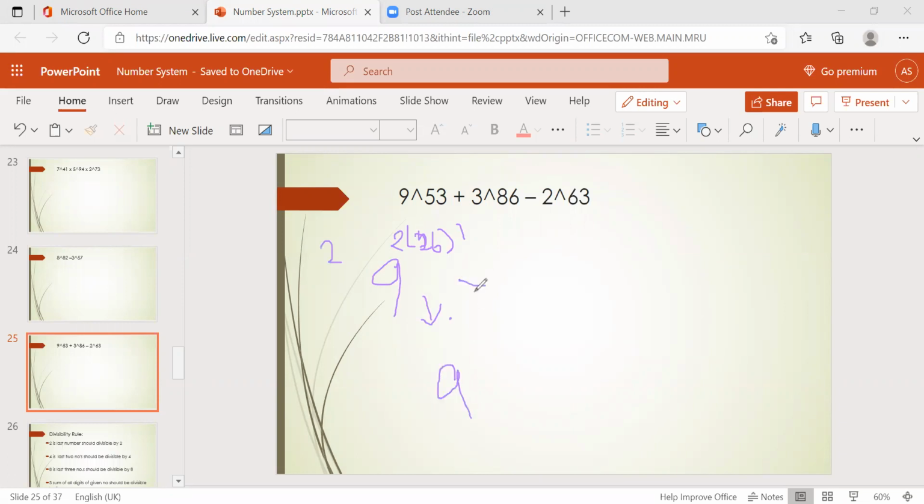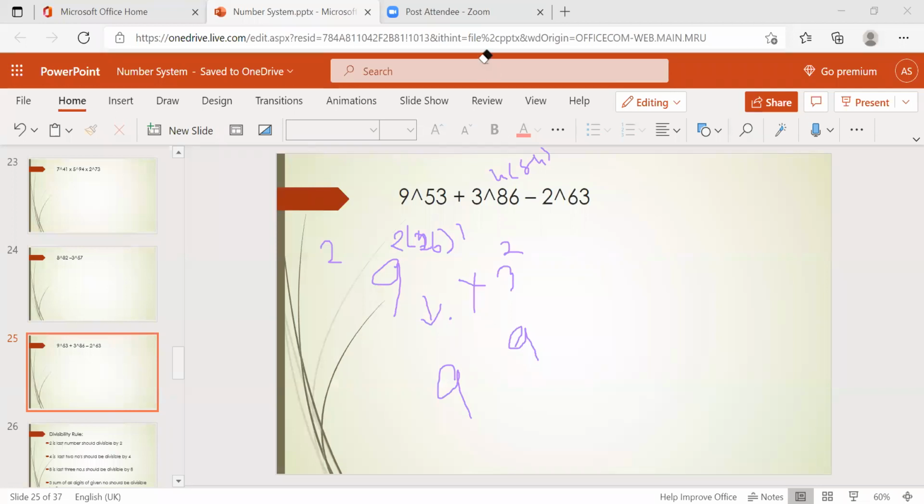Okay, and plus 3 power 86. So 86 is a 4 multiple. 4 into 21 is 84, right? So 84 is divisible by 4. So remainder is 2. That means 3 power 2 is nothing but again 9. Right? 9. Sorry, it is plus.